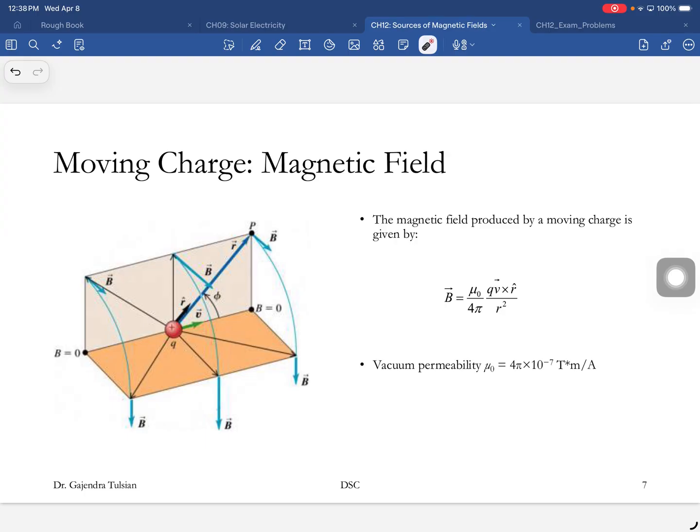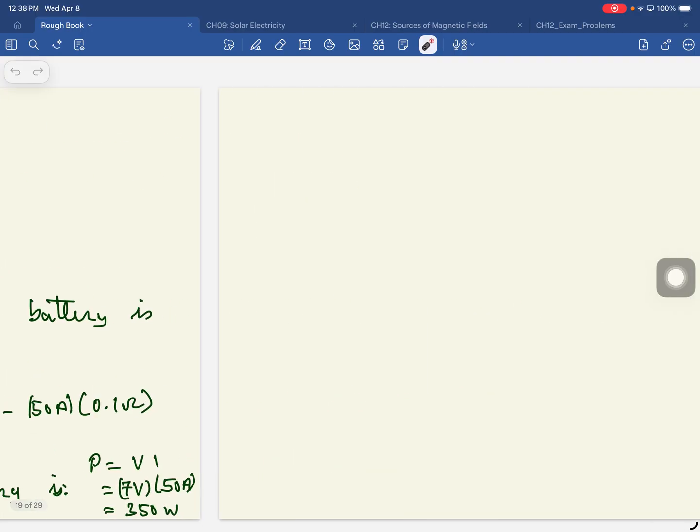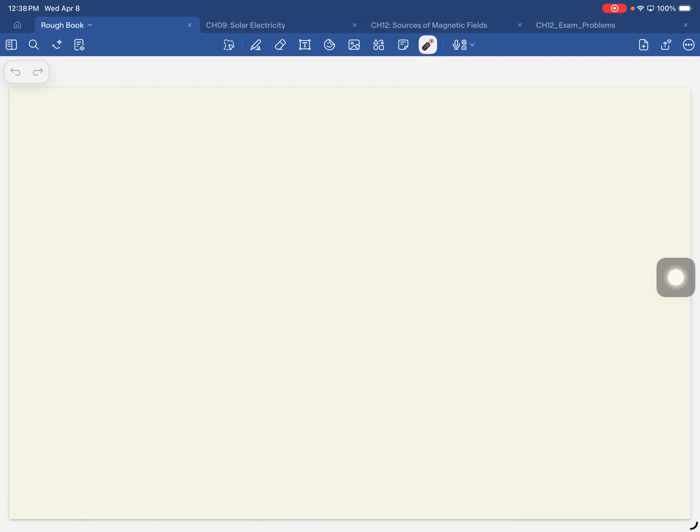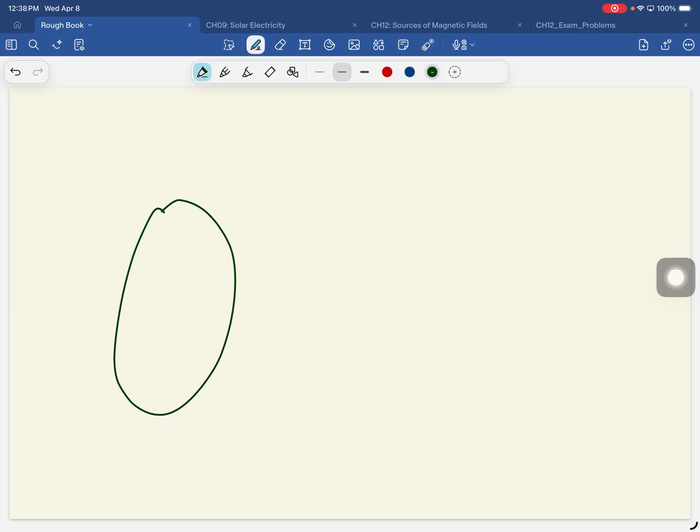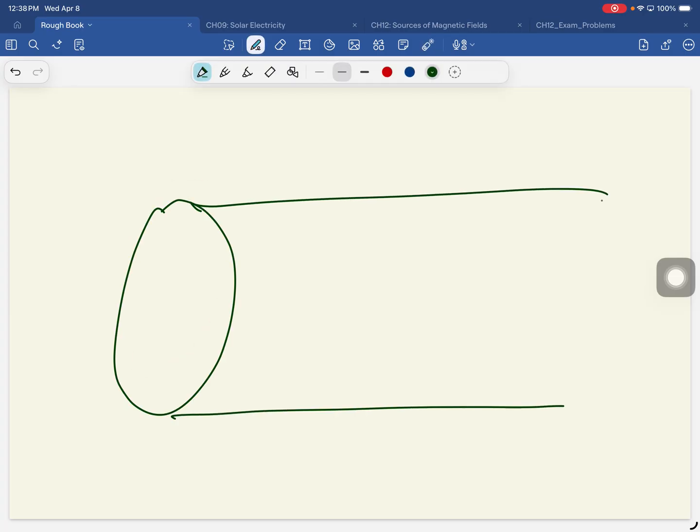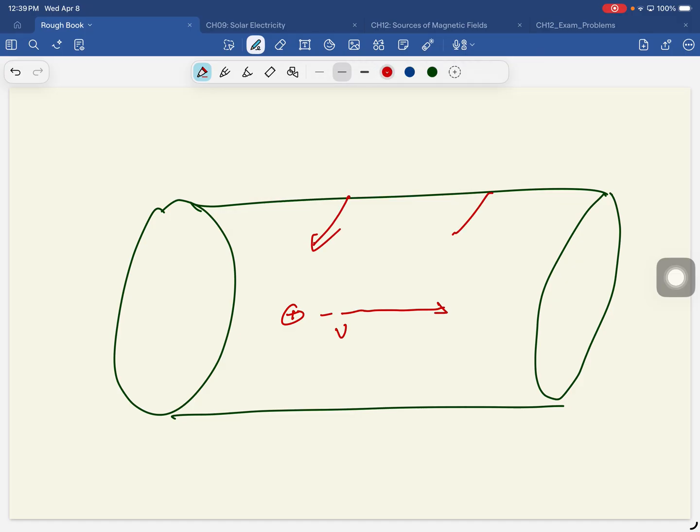So again, I'll draw a cylinder. You have a charged particle moving along the axis, and the magnetic field everywhere will be perpendicular to this cylinder.